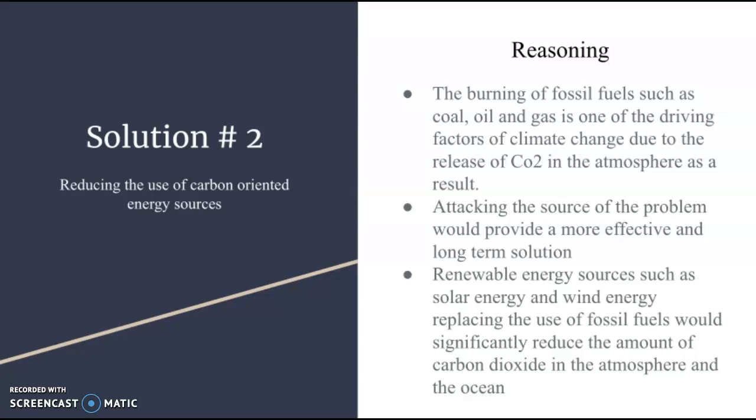By attacking the source of the problem, it would provide a more effective and long-term solution, such as renewable energy sources, for example, solar energy and wind energy, that could replace the use of fossil fuels and significantly reduce the amount of carbon dioxide in the atmosphere and the ocean.